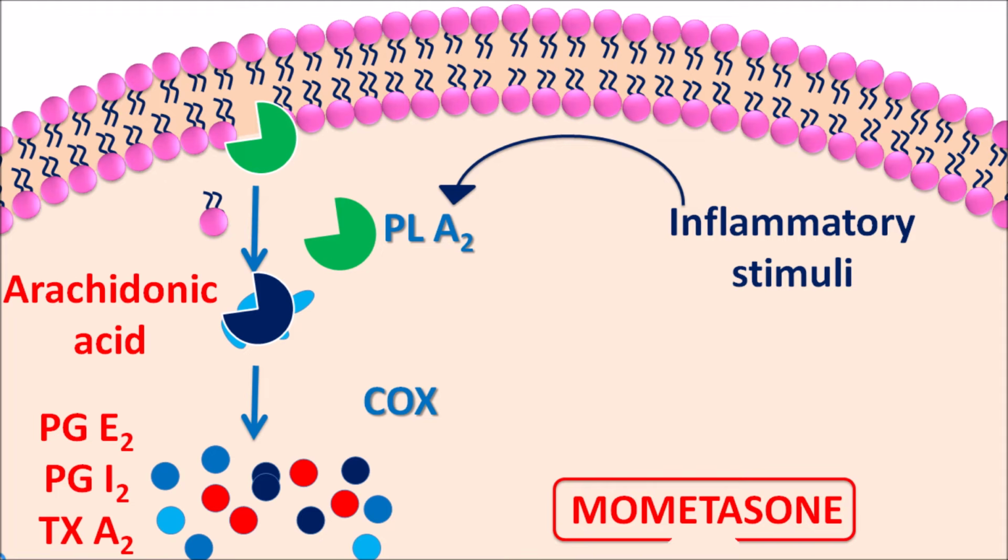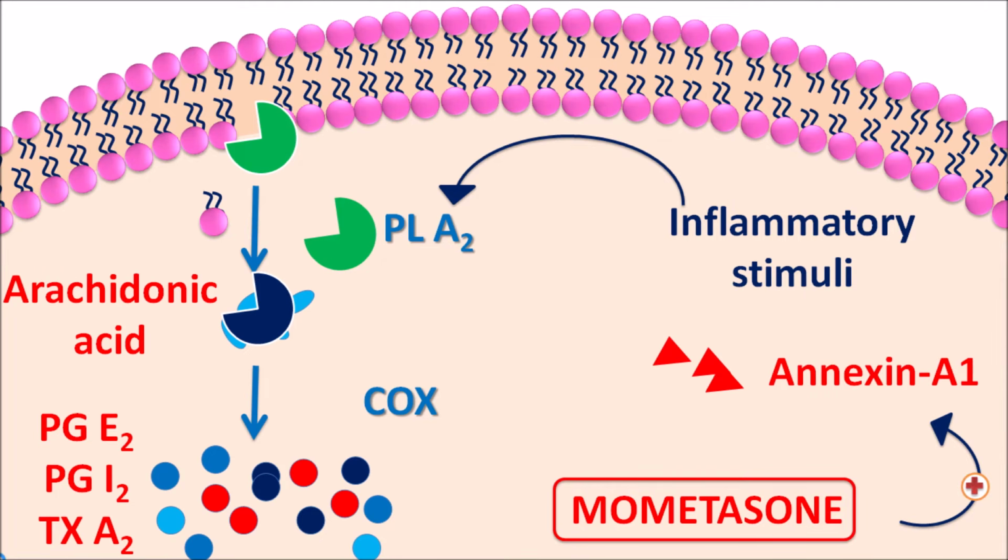Now, mometasone can stimulate one of the mediators, annexin A1. This annexin A1 can control the action of phospholipase A2, thereby it can reduce the synthesis of prostaglandins and thromboxane. Similarly, mometasone can also inhibit the activity of the COX pathway so that it can inhibit the synthesis of prostaglandins. By all these actions, mometasone can reduce the inflammatory response.